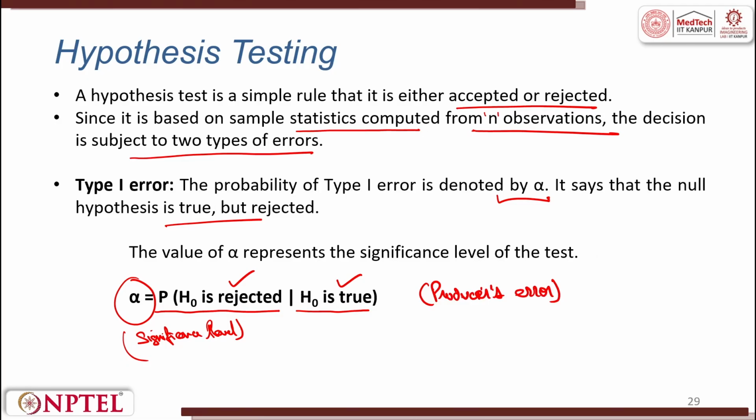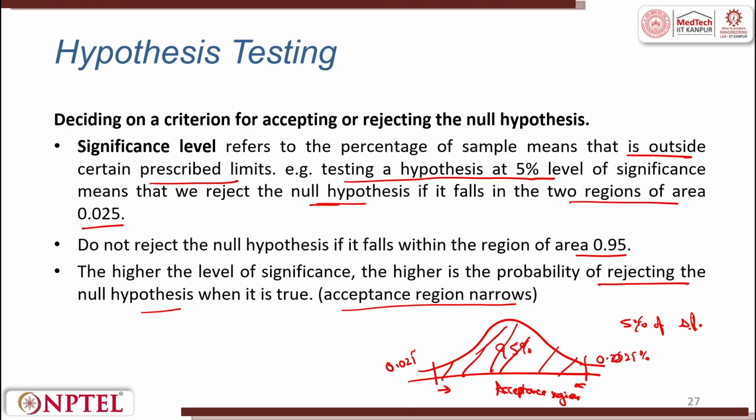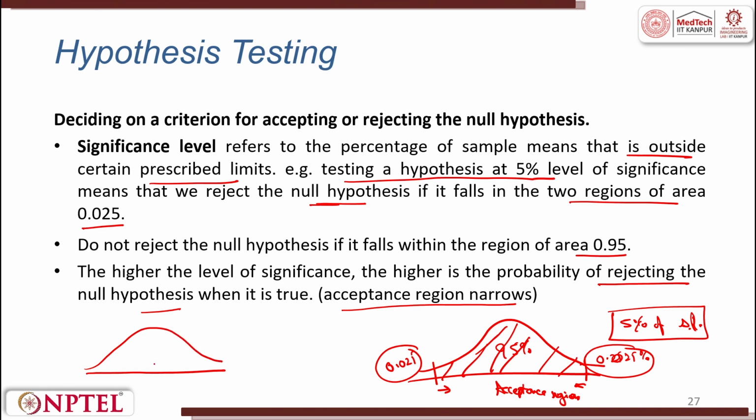Or if I say greater than 3.5 micrometers is acceptable only, something like that. So, this is one-sided only. Like I took the example in the previous plot here, this was half of the area on this side, half of the area on this side at 5% significance level. Had it been a one-tail test, it could have been like this. This is the acceptance area.